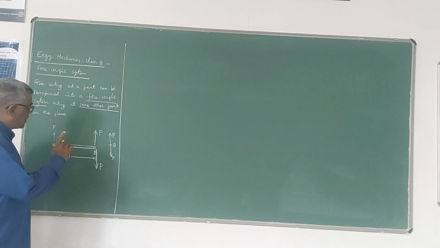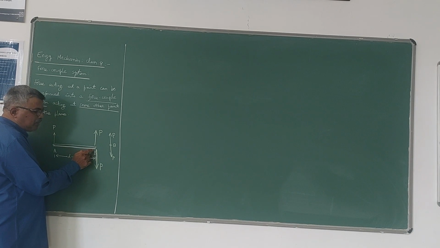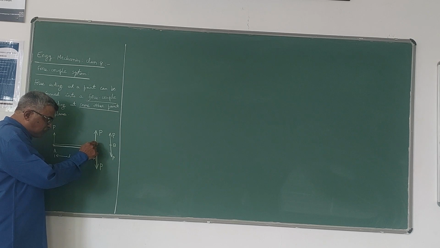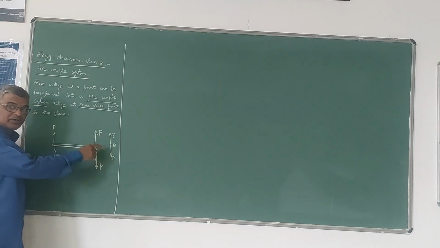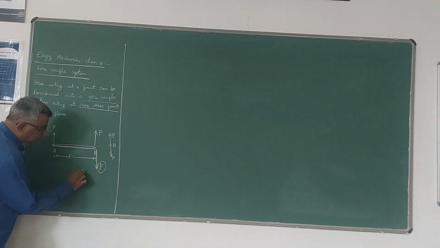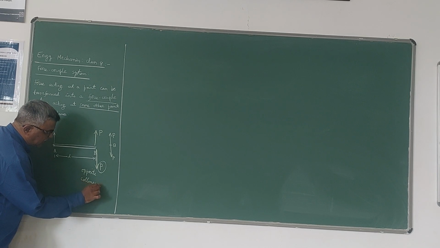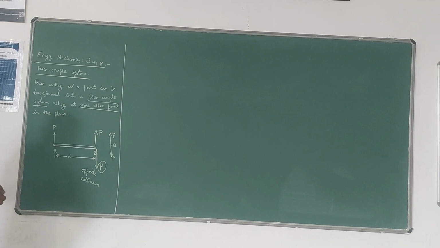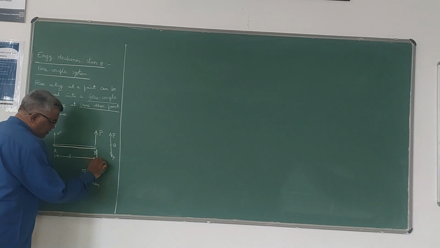So first step, I have introduced the same force in the same direction at B. Then second step, I have introduced a force P in the opposite direction and collinear. Please note that it is collinear also. So this force P is introduced in the opposite direction as well as it will be collinear. Now I will combine this force and this force.